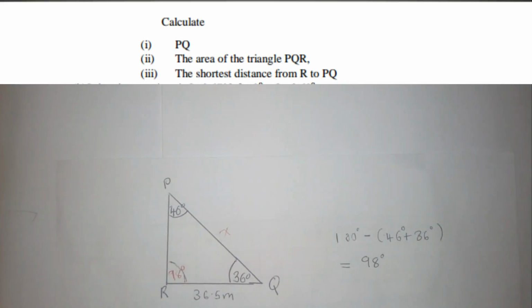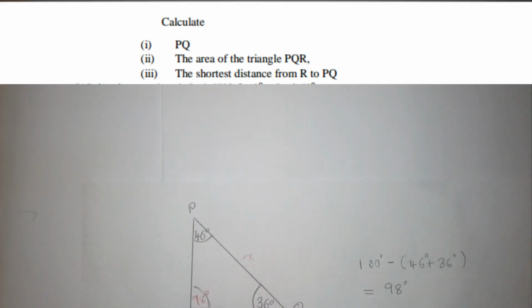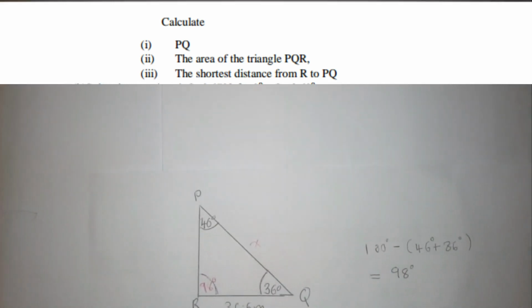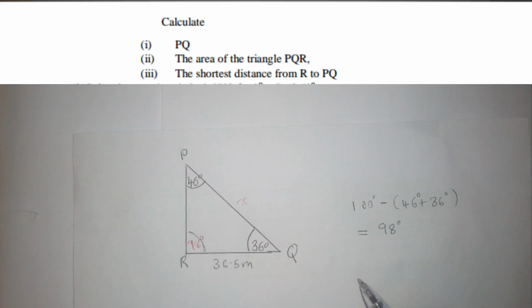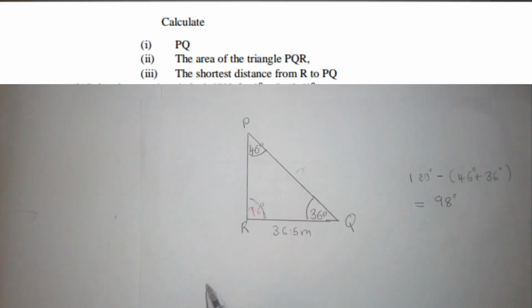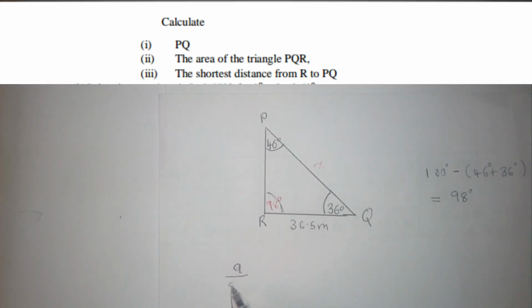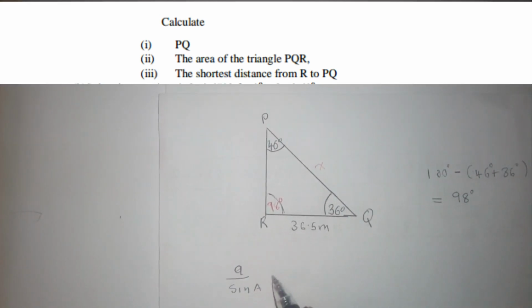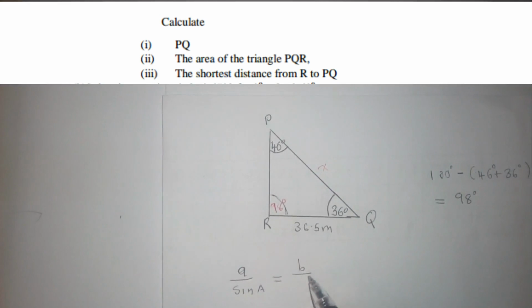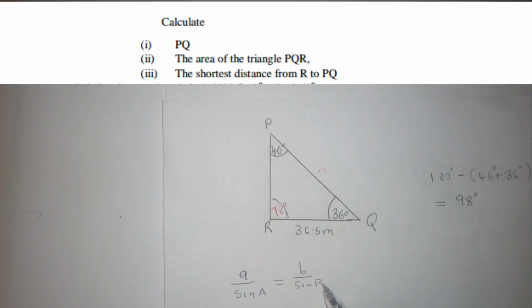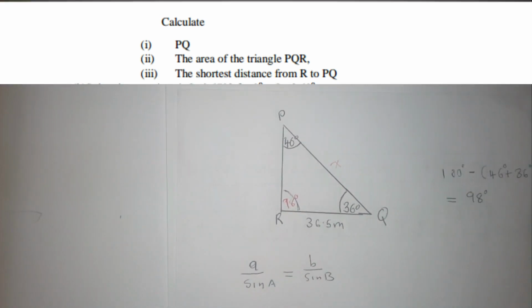So what we can do here is to just use the formula for sine rule, which is a over sine A is equal to b over sine B. So this is the formula we're going to use.